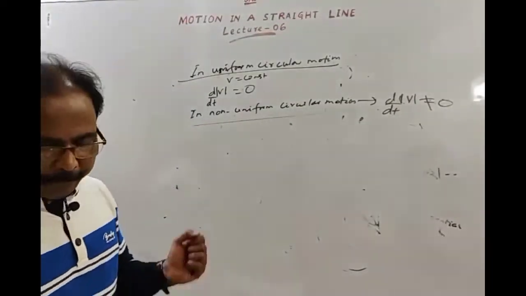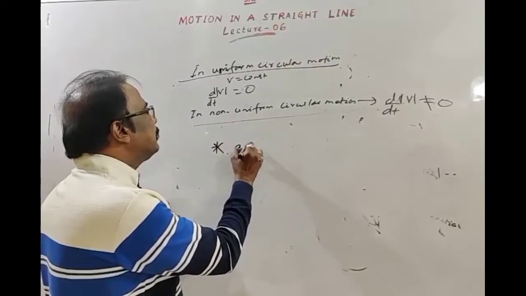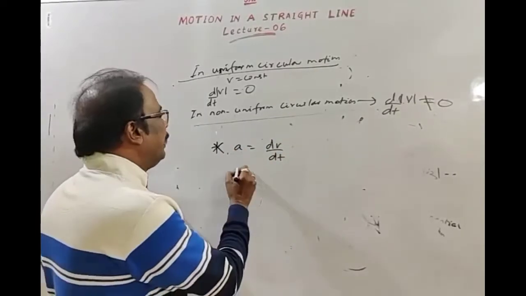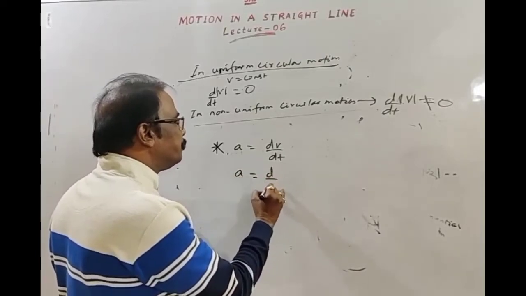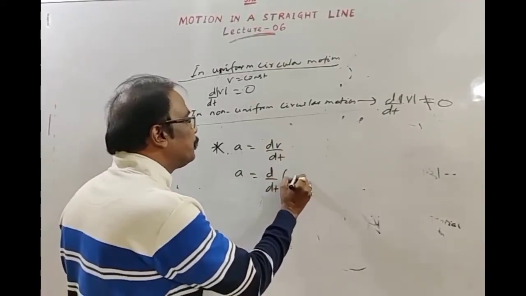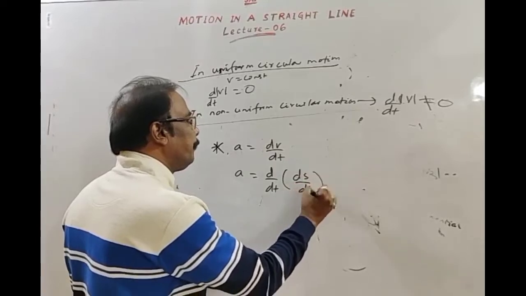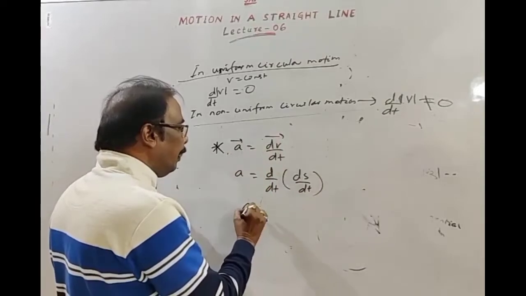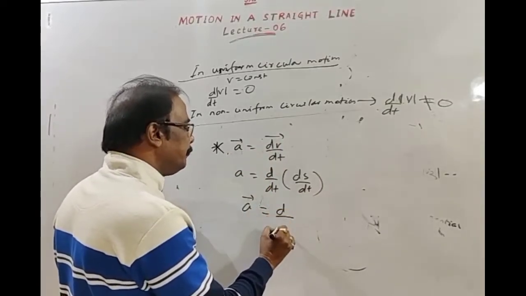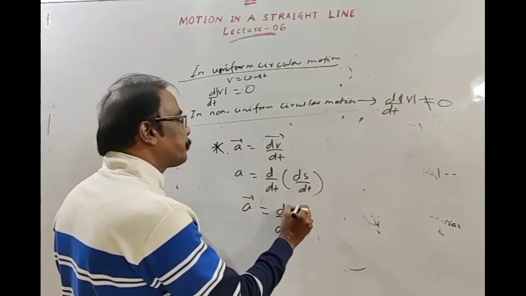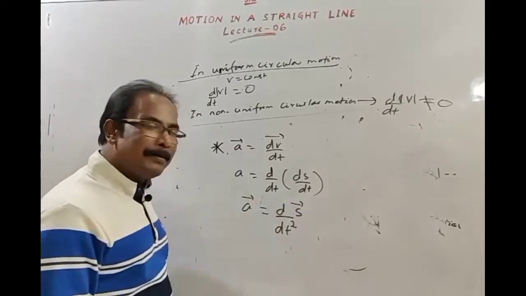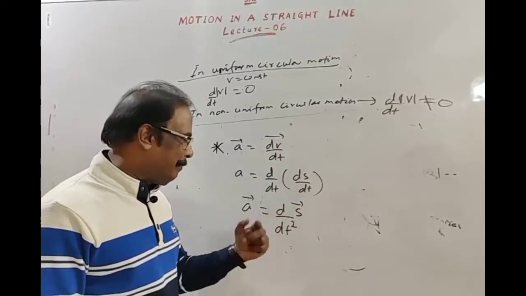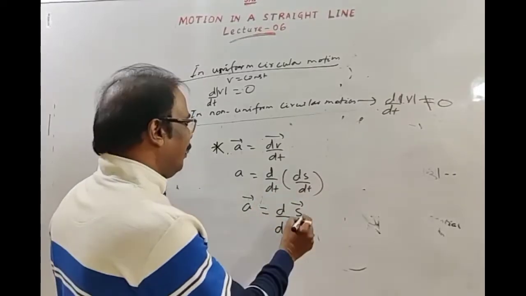Then final point about acceleration. Acceleration is defined as rate of change of velocity. Again I can write acceleration is d by dt of v, and velocity is ds by dt. Then finally I can write acceleration as d square s by dt square, displacement; dt is interval of time, dt square.